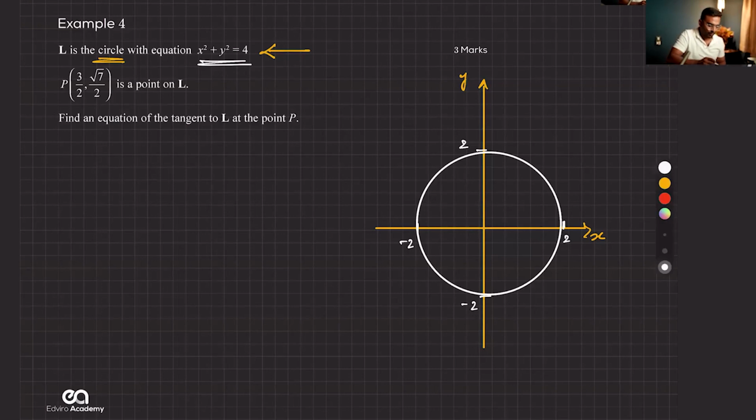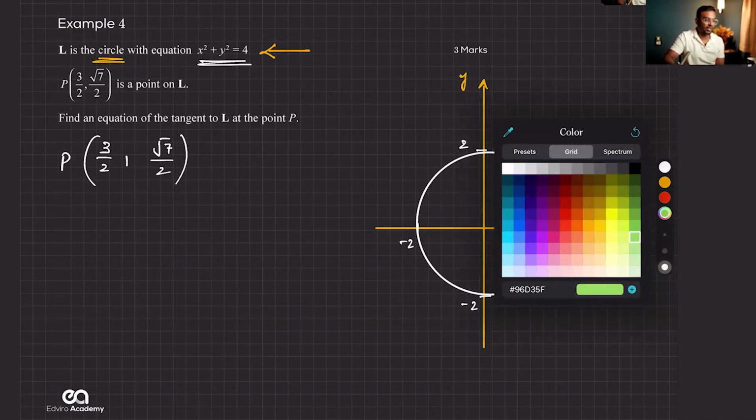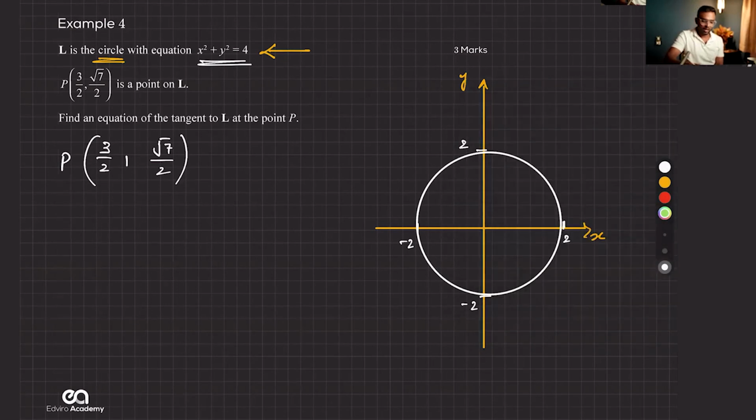Now look at P. P is given in a weird way. 3 over 2 and root of 7 over 2 is a point on L. Where do you guys think that point would be? I would say that point would be here, correct? Because this is positive and this is positive.